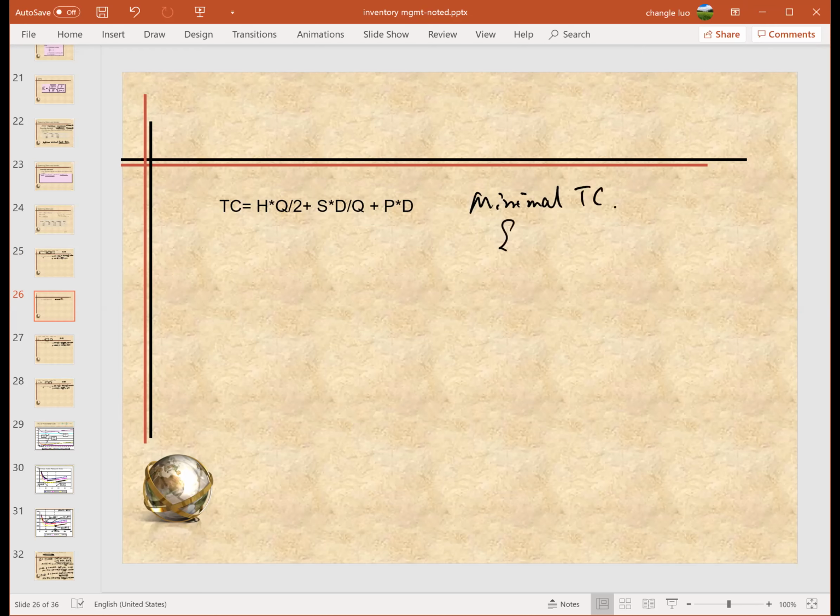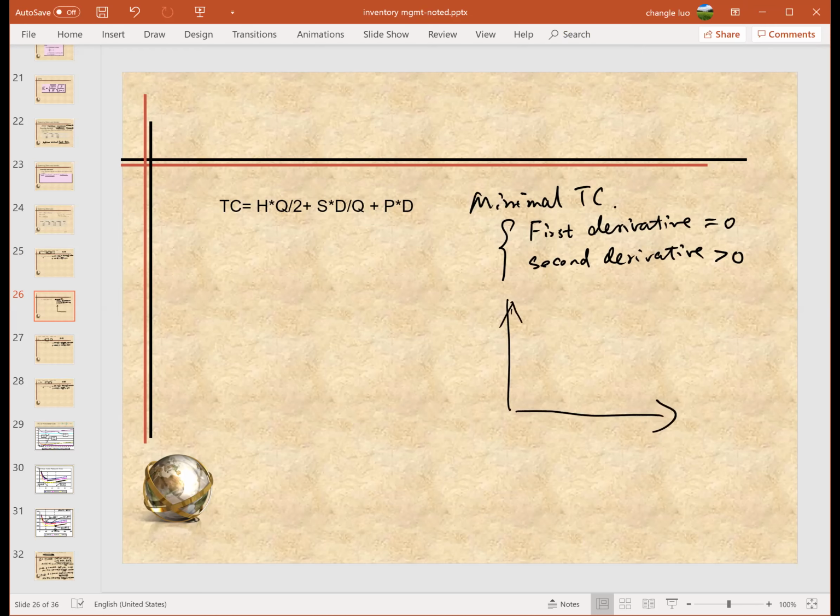Remember there are 2 conditions. The first derivative equals 0. Second derivative bigger than 0. So in which case we have a curve that looks like this. First derivative makes sure you reach the minimum. Second derivative bigger than 0 makes sure the curve is facing up instead of like this.